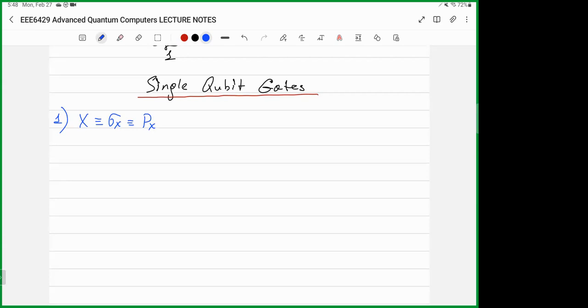There is no settled terminology here for the letter we use to represent this gate.